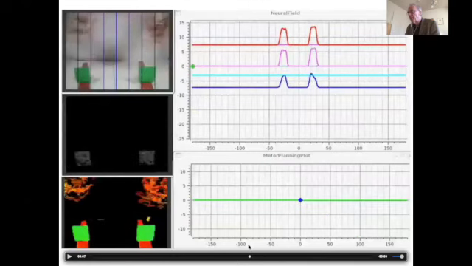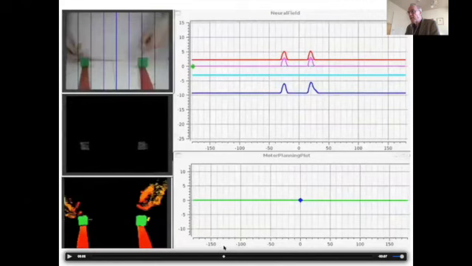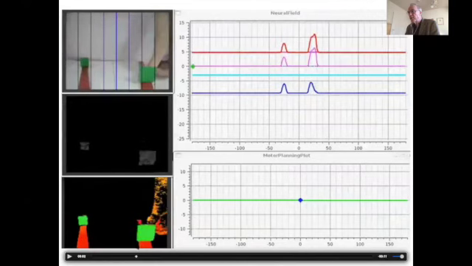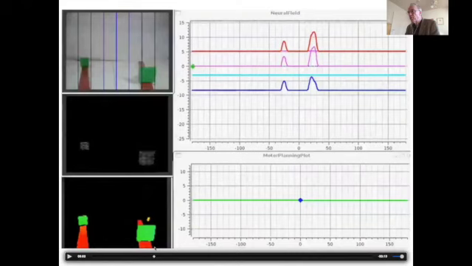So I'm pushing one of those closer. This is the right one. And so what happens is that there is some input on the right. See, there's some input from the start because it does see the green slots even when they're far. And now this one is closer, getting larger. And the red line also is lifted up a little bit because this will provide some input to the whole field.